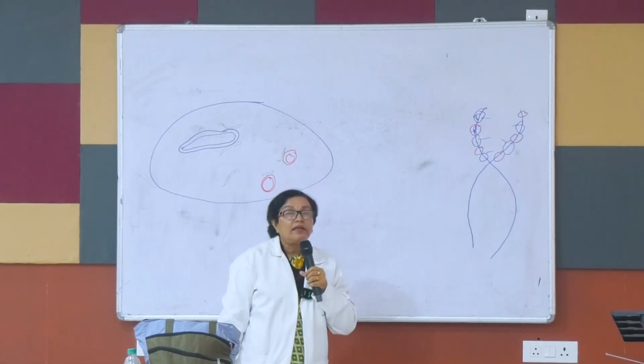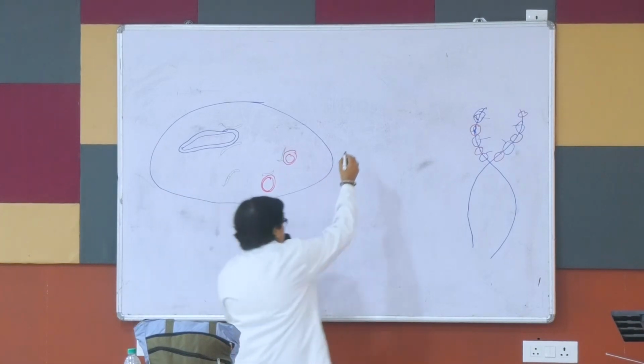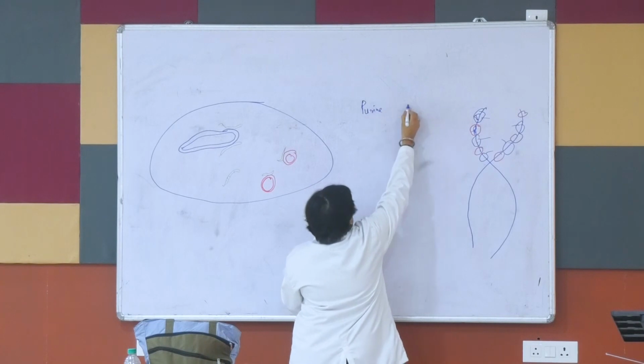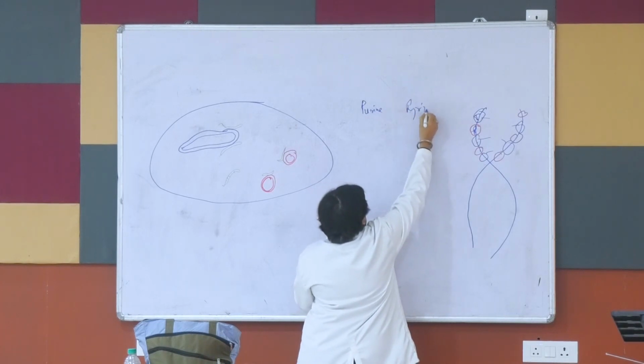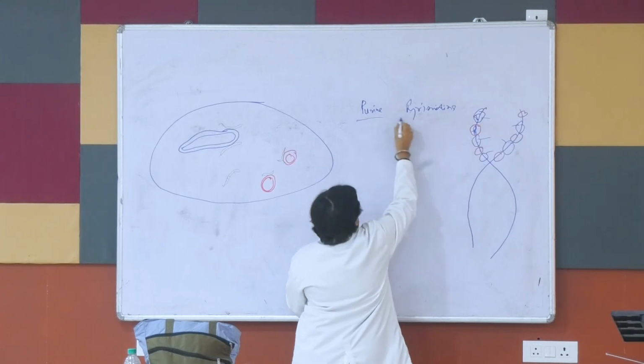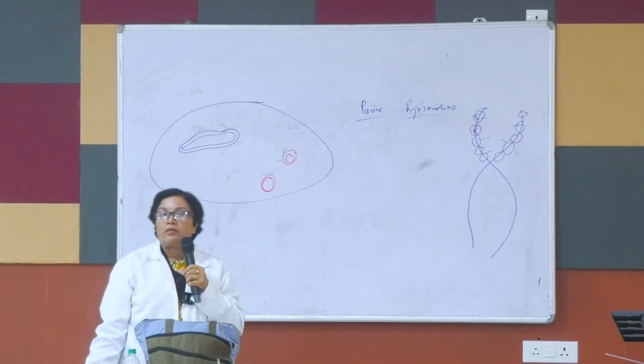And there are bases, purine and pyrimidine. Purine, what are the names?